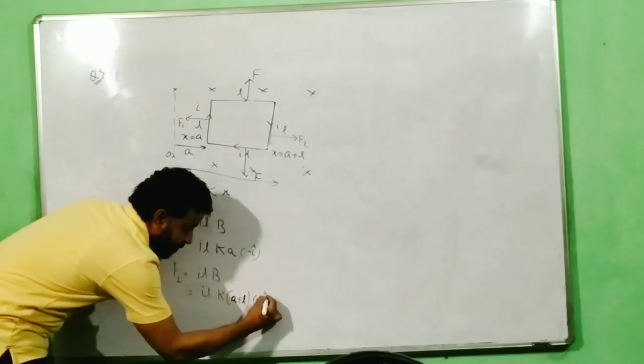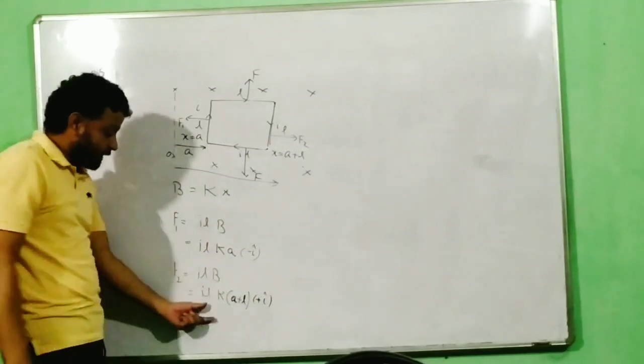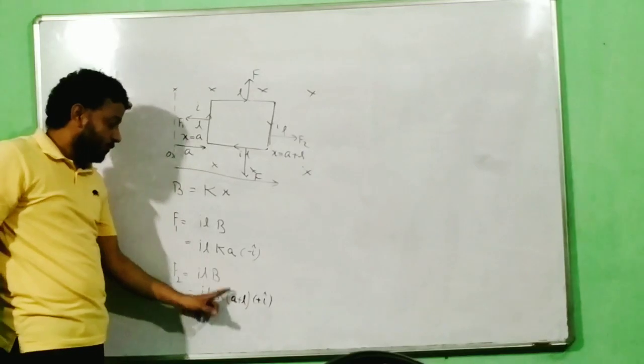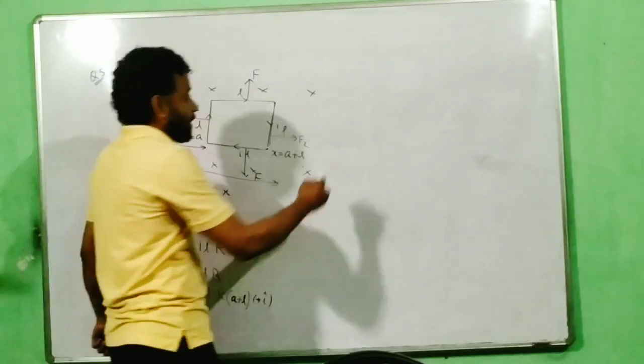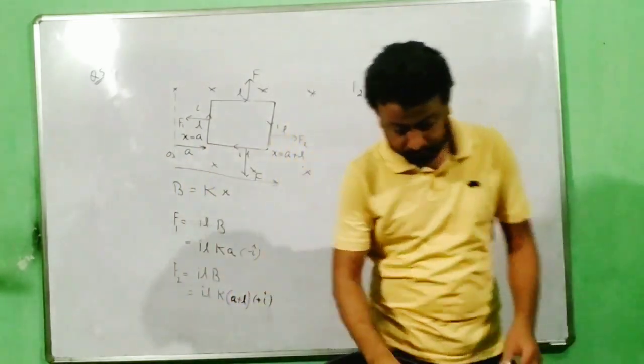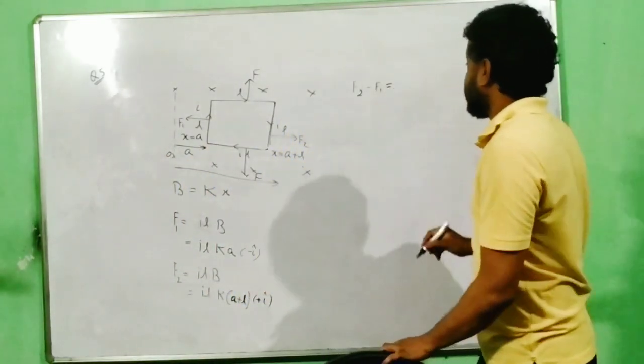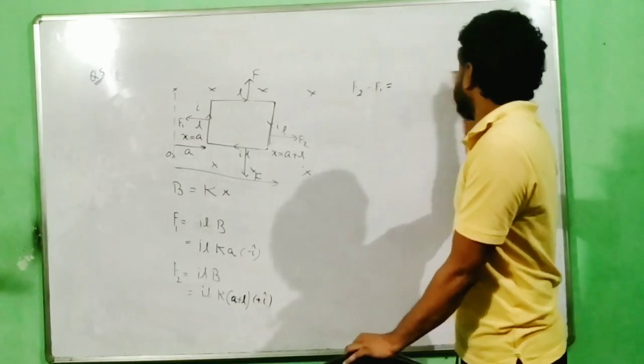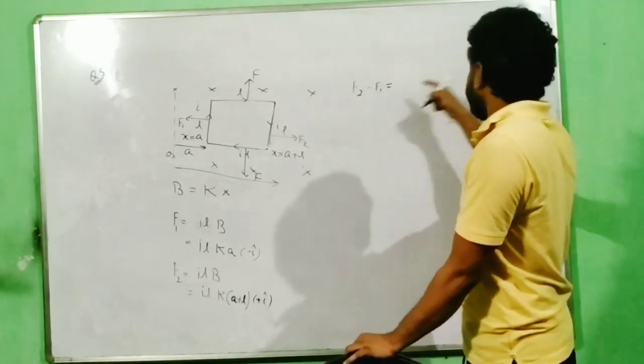So what is the net force? Now this is more, because this is A plus L over here, this is only A. So net force will be equal to F2 minus F1. Net direction will be plus I cap, because F2 is more.